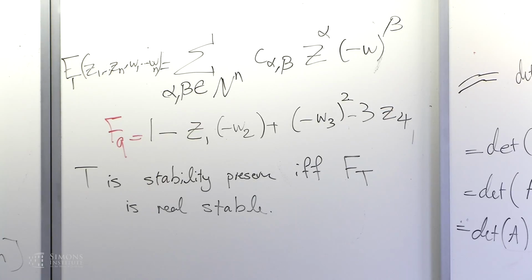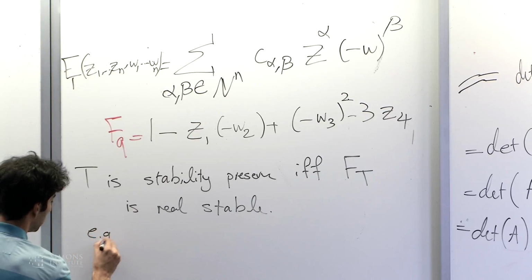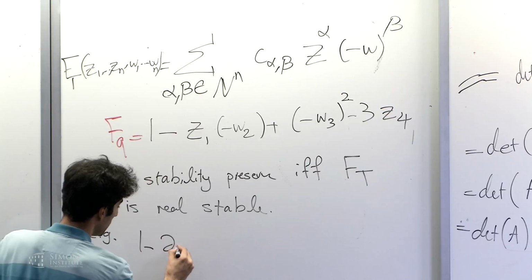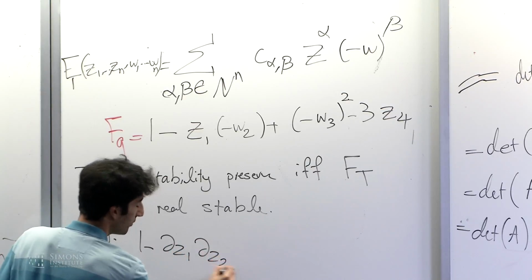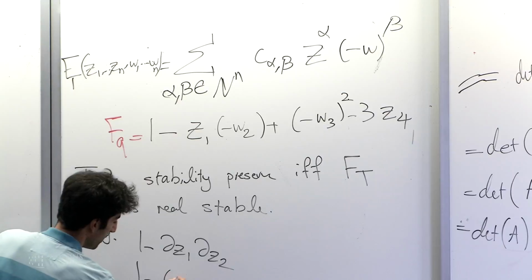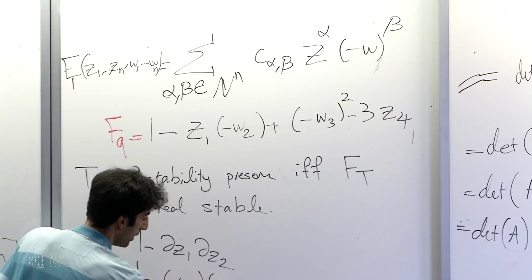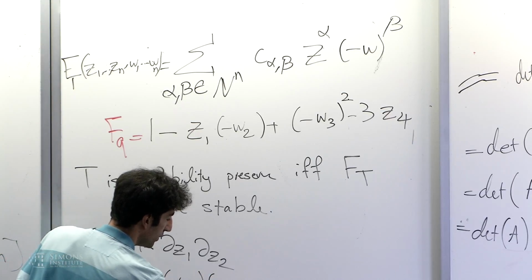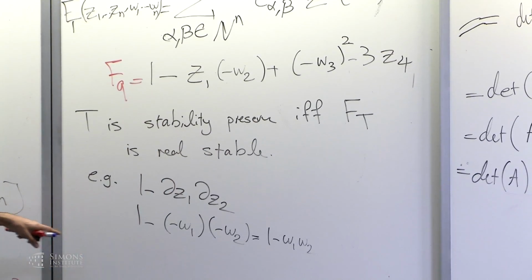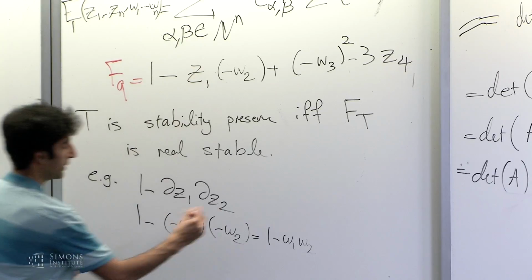Let me state some examples. Take 1 minus partial z1, partial z2. That's one operator. If I do the f thing, this is really 1 minus minus w1 times minus w2, which is equal to 1 minus w1 w2. And we already saw at the beginning that this is a real stable polynomial, so this is a stability preserver.